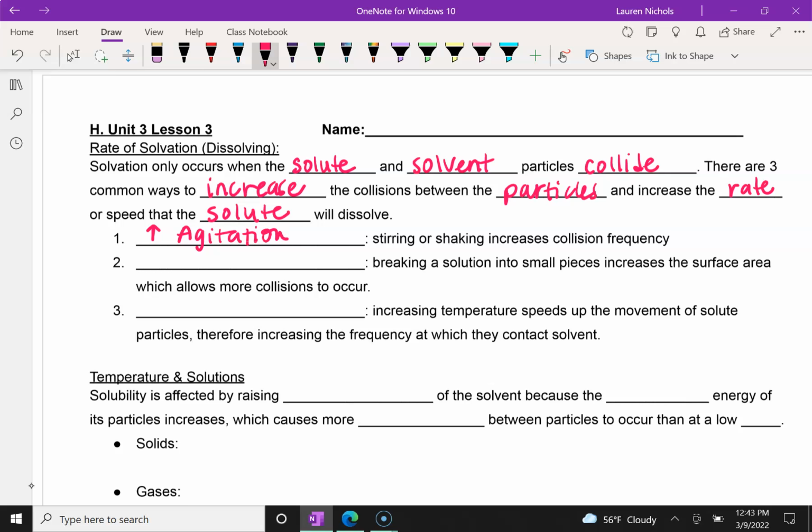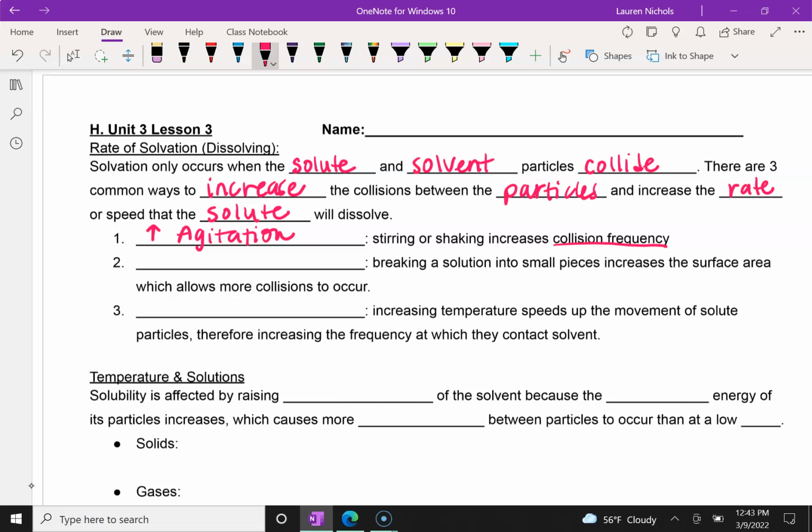So when we talk about agitation, we mean stirring or shaking. So like if you are adding something to water, like in a water bottle, if you shake it up, it will help dissolve it faster because it increases the collision frequency. You're forcing your water and whatever it is you're trying to dissolve to touch and collide.